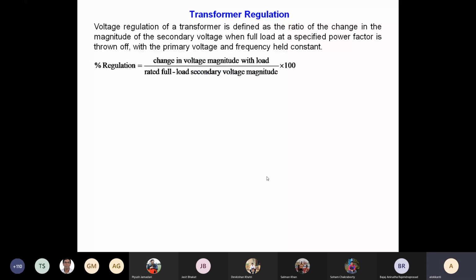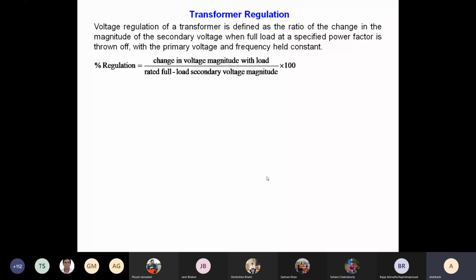The percentage regulation, expressed in percentage, is defined as the change in voltage magnitude with load divided by the rated full load secondary voltage magnitude into 100%. Obviously with respect to percent, this is how it is defined.